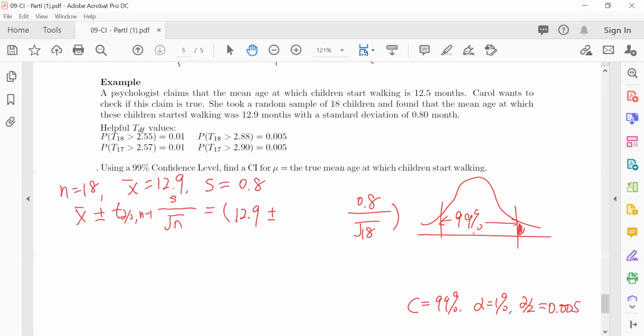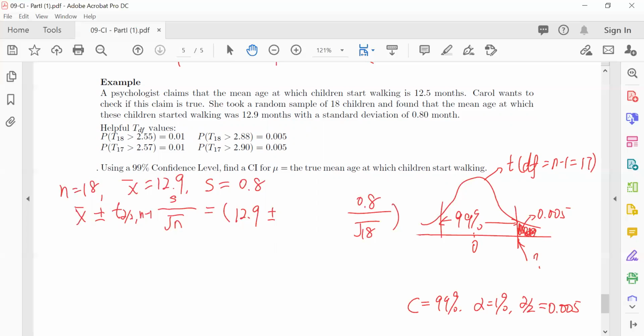So the area here is going to be 0.005, and so is the area to the left of it. So what we are trying to find is this value here, under the t distribution with degrees of freedom equals n minus 1, which is 17.